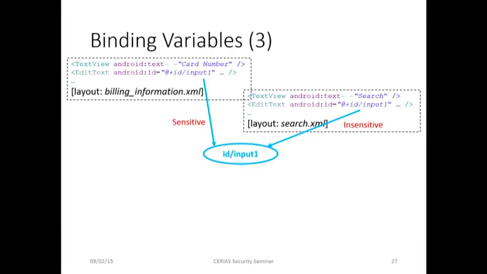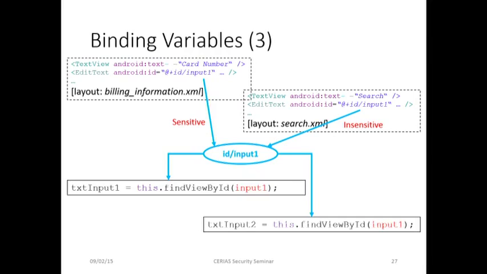We solve this problem by leveraging backward slicing. In this example, we know that input 1 can be either sensitive or insensitive, and we can find all the references of input 1 in the code. Then, in order to find which reference is correlated to the sensitive input 1, we find the backward slices for all the references.